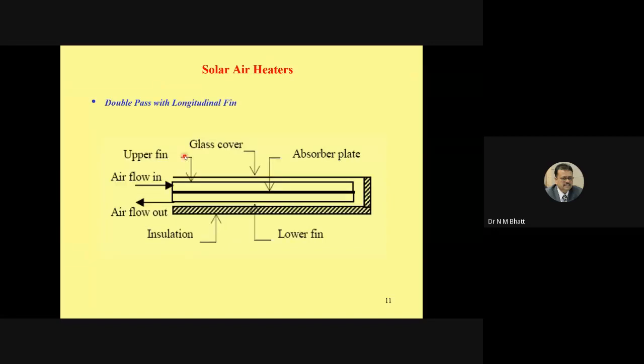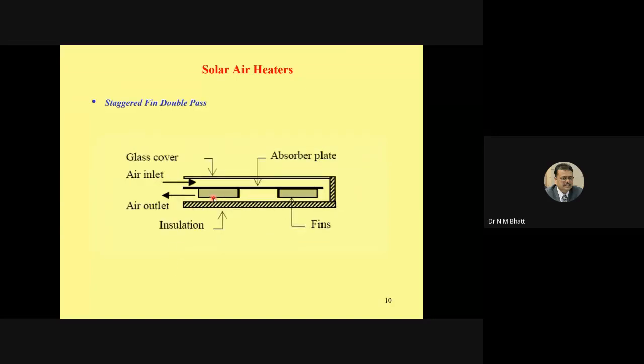This is a longitudinal fin. This is the complete fin. And normally you will find that this modification is happening between the absorber and the bottom of the collector. Because if this modification is happening over here, it increases convection between the absorber and the glass cover. So whatever modifications there are, they happen between the absorber and the bottom surface.